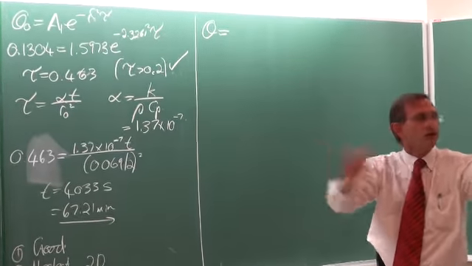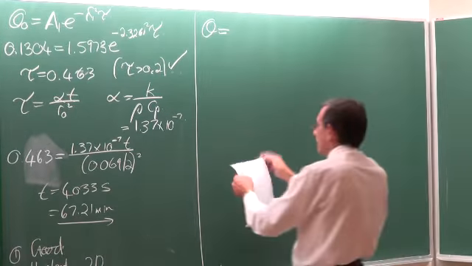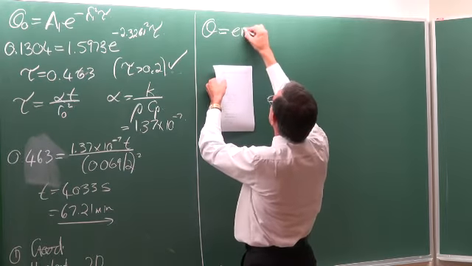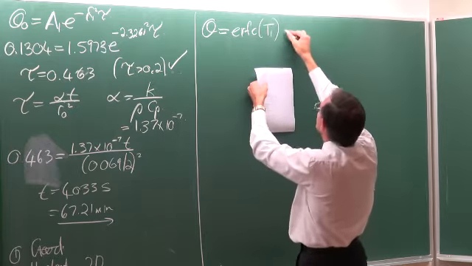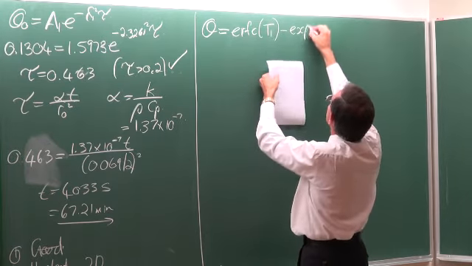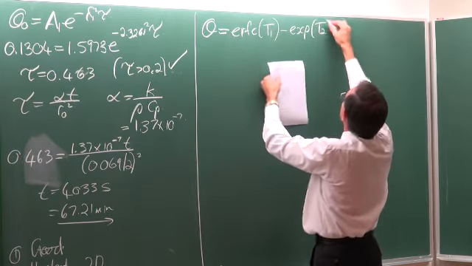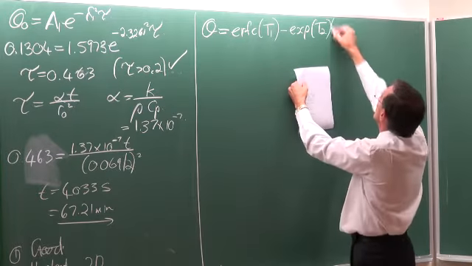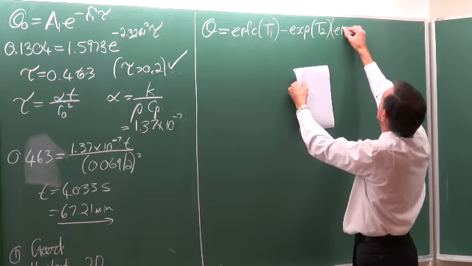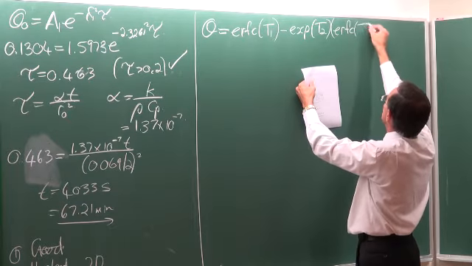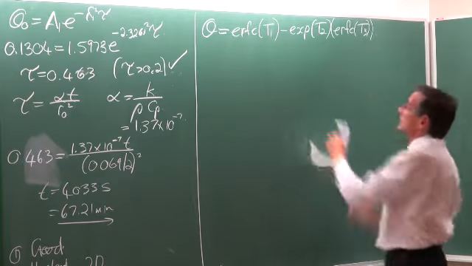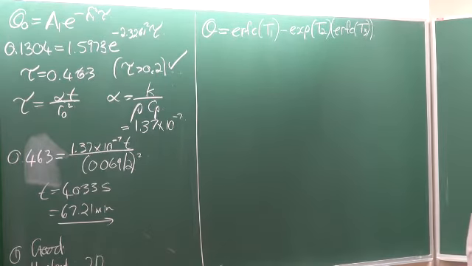I'm going to make it simple by saying it is equal to the error function of a term T1, minus e to a value T2 multiplied by a complementary error function of T3. That is how the equation looks.